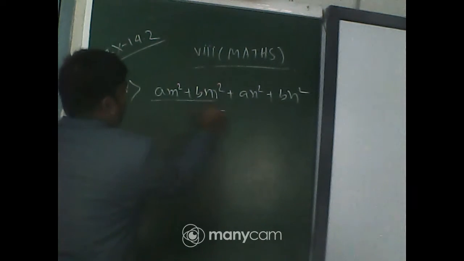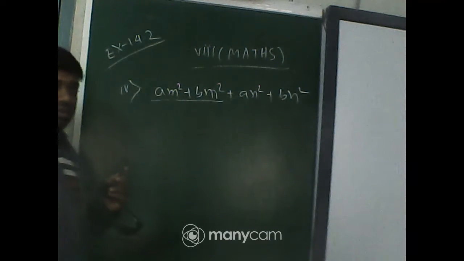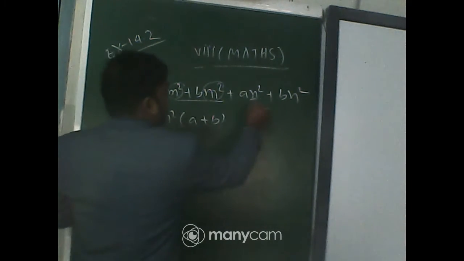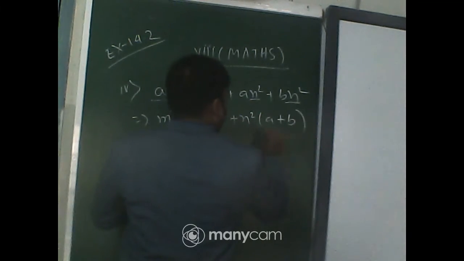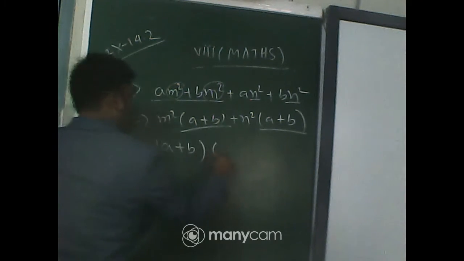From the first two terms, am square plus bm square, you can easily identify that m square is the common term. So take m square common, leaving a plus b, and from the other two terms, n square common, leaving a plus b. So a plus b into m square plus n square.